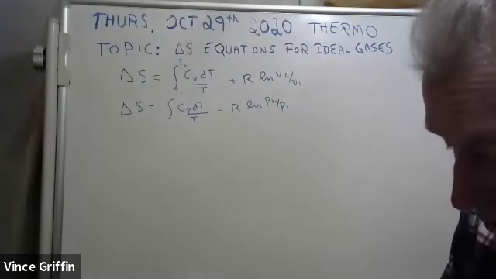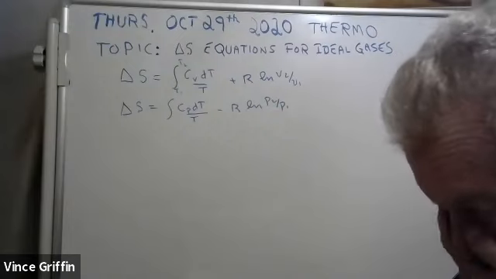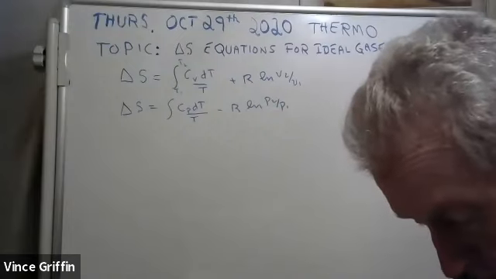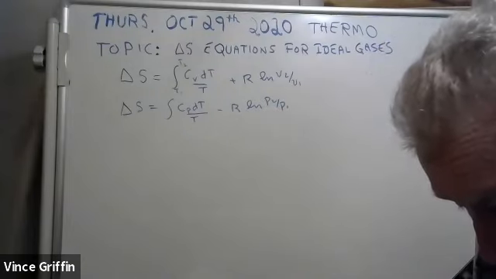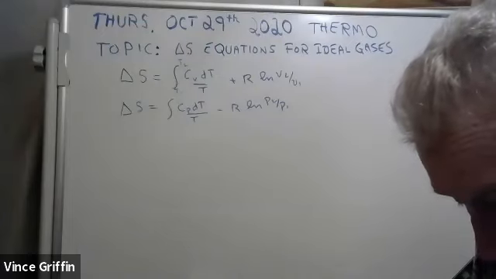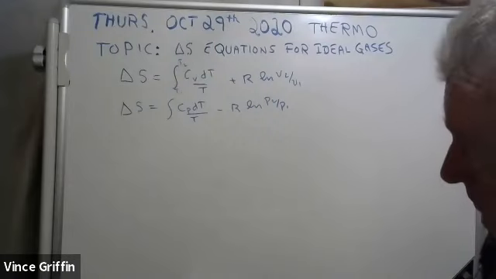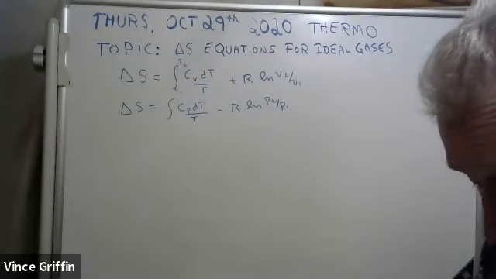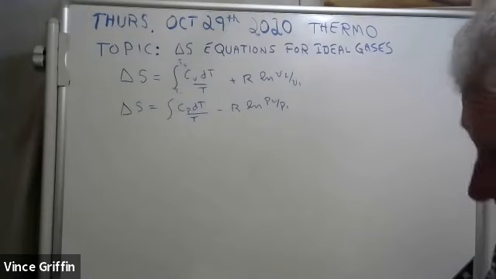I bet one of those equations is what you could use for problem 650, where he wanted to plot a TS diagram and find the heat transfer. We'll come back to that, Nathan, but I want to talk about these equations and where they came from.